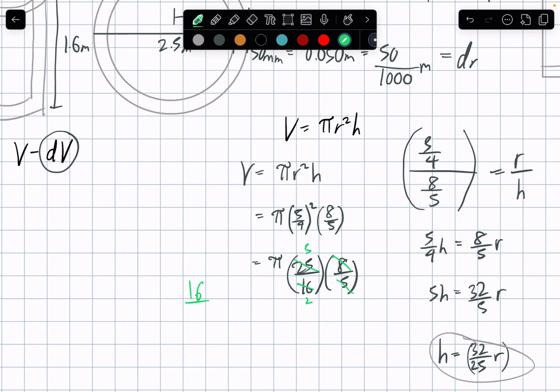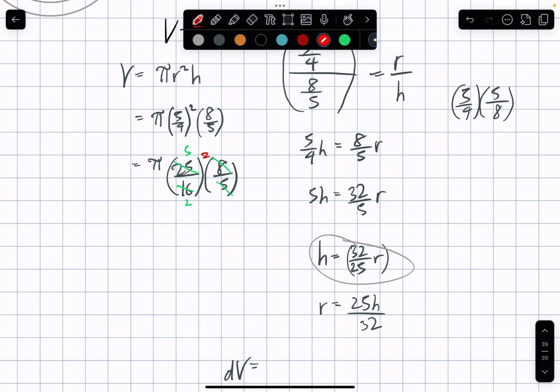No. 16 over 10, right? 1.6 could be rewritten as 16 over 10. Huh. The answer key didn't put a square. So, damn. I guess my answer is wrong. I think we are on the right track.